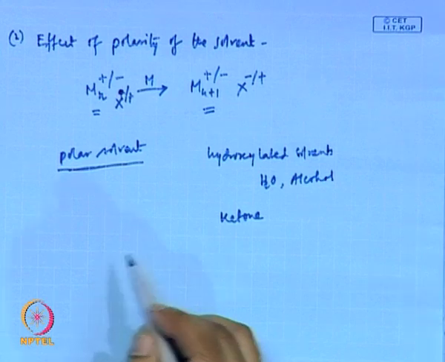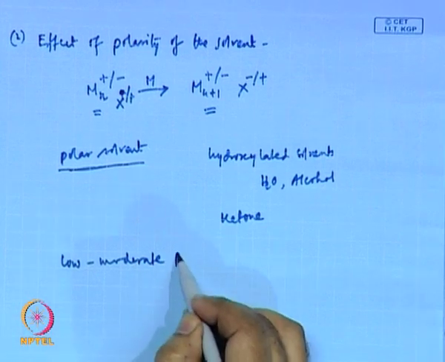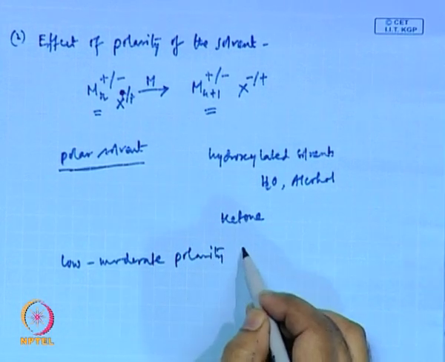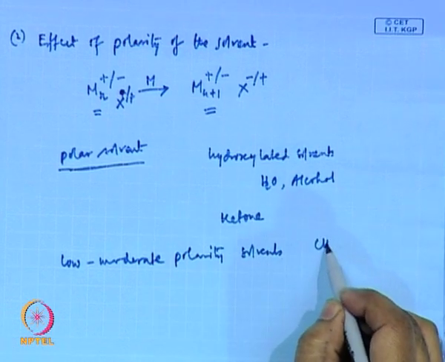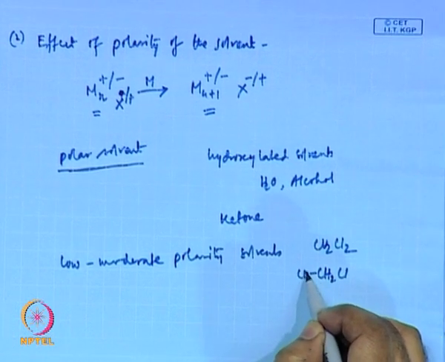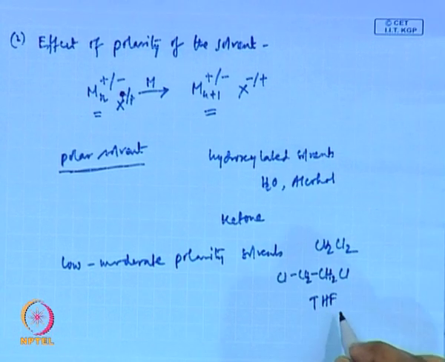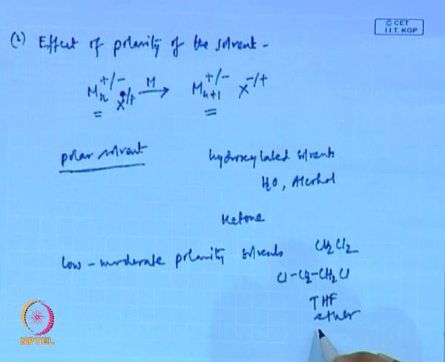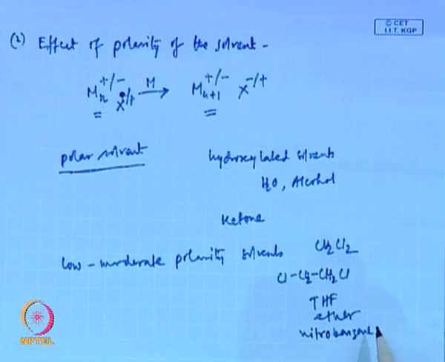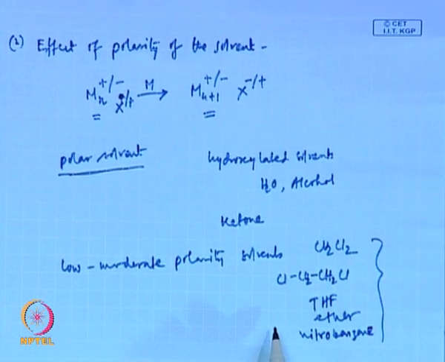So, practically, low to moderate polarity solvents like methylene chloride, ethylene dichloride, THF (tetrahydrofuran), ether or nitrobenzene are examples of solvents which have low to medium polarity and do not react with the ionic species.